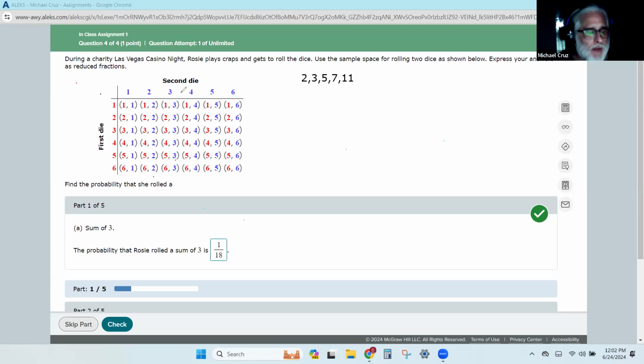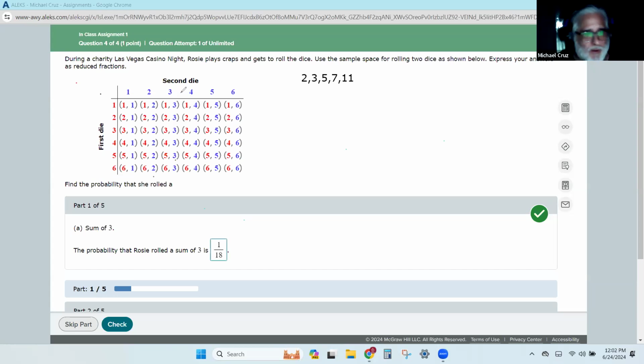Same thing with 3. It's only divisible by 1 and 3. But when we get to 4, we have what's called a composite number. In other words, it has other factors, not just 1 and 4 like all numbers would have. And 1, of course, has only got one factor, itself.